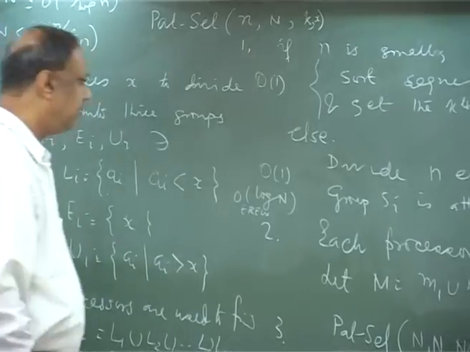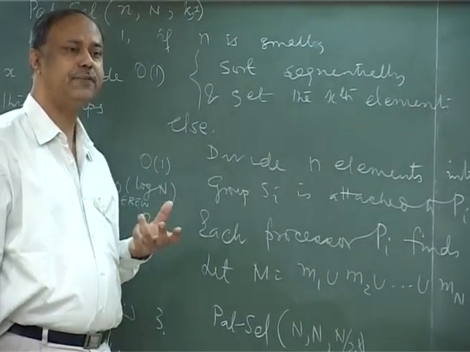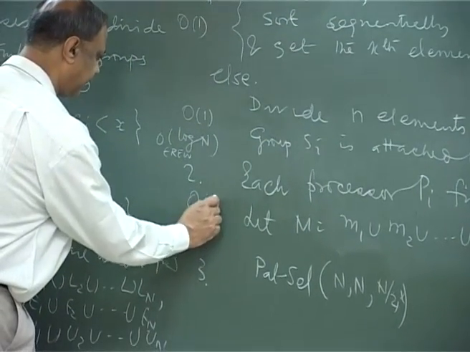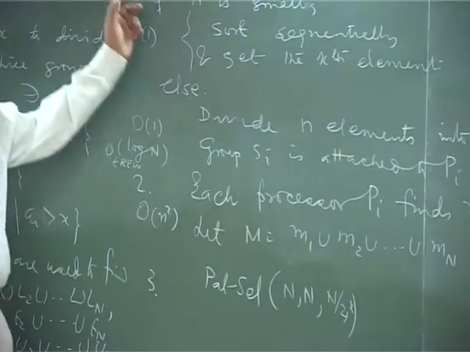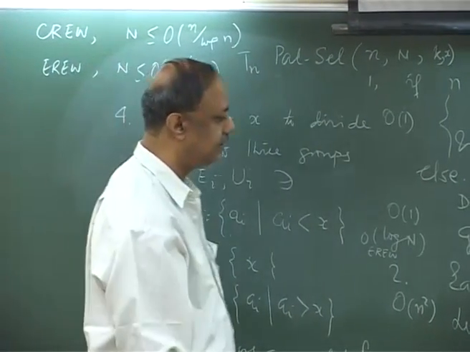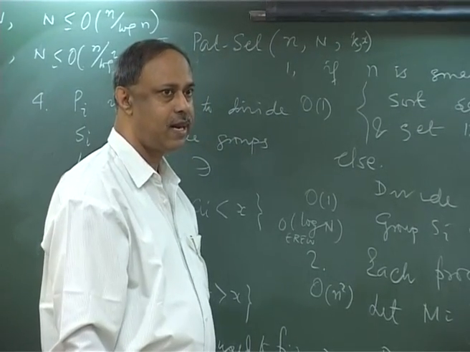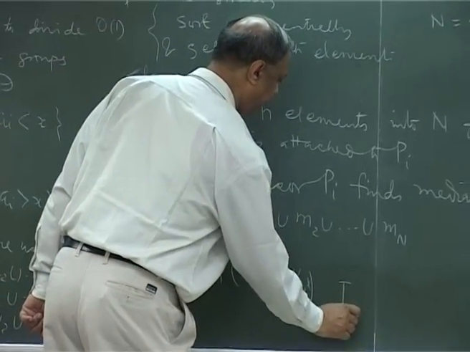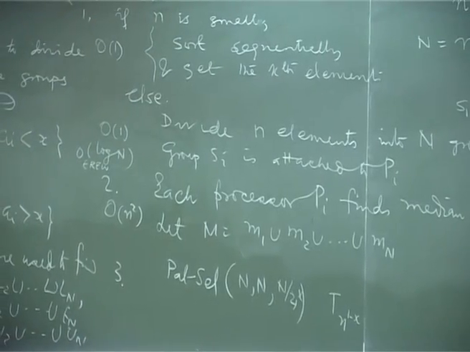Now each processor finds the median independently. Size of Si is order n to the power x, so this will take order n to the power x. This is the same time. If T(n) is the time, then what should be the time here? T(n to the power 1 minus x), right?